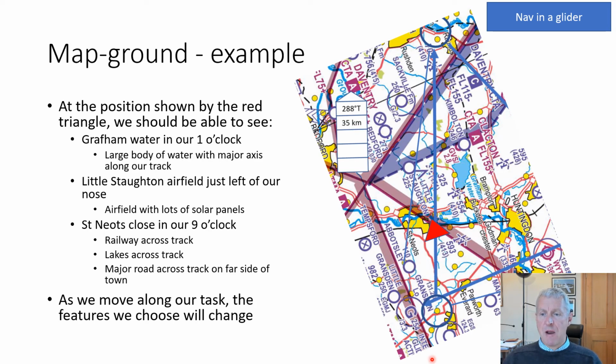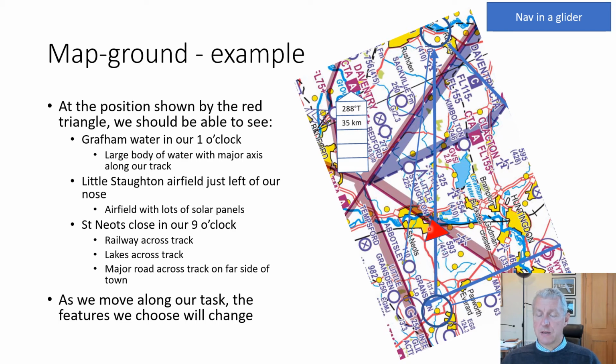So here's a map to ground example. If we're where this red triangle is, pointing this way, we ought to be able to see some nice big features. So off in about our 1 o'clock, close to 1 o'clock really, we've got Grafham Water. Well, that's pretty big. We're not going to miss that if the visibility is anything like reasonable.